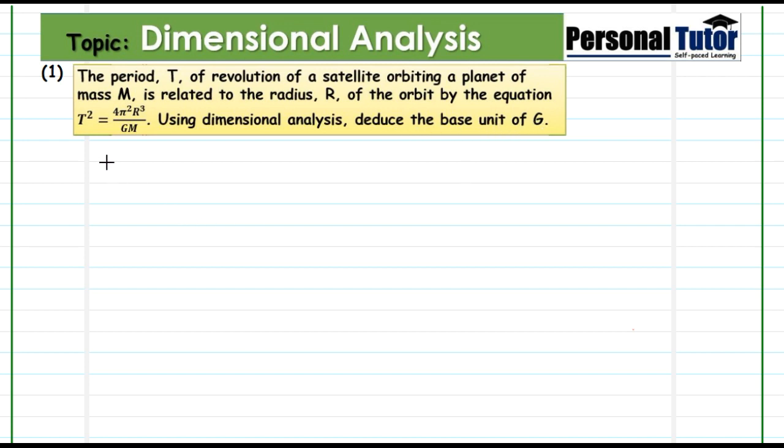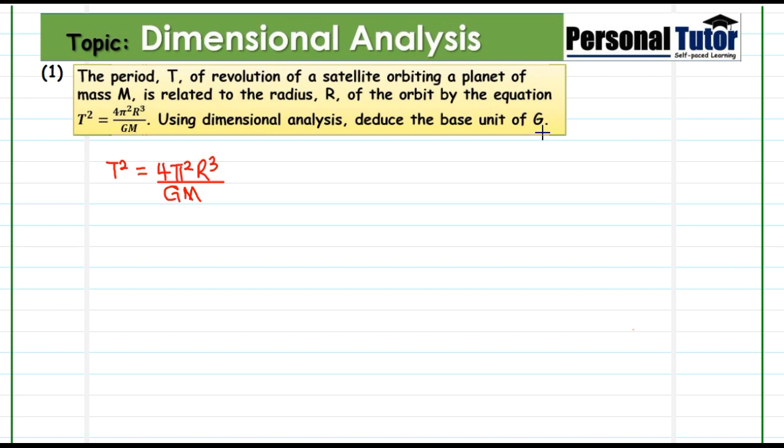And the equation is T squared equals 4 pi squared r cubed all over GM. If you look at this, it is T which is the subject of the relation.